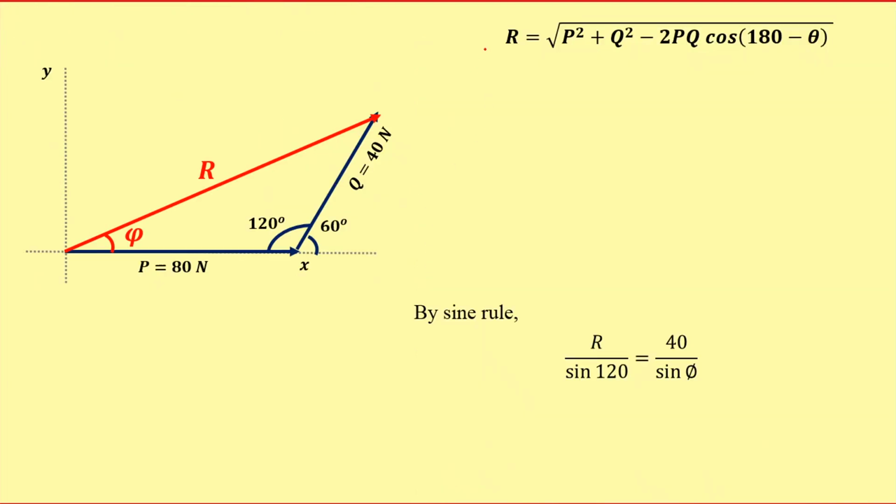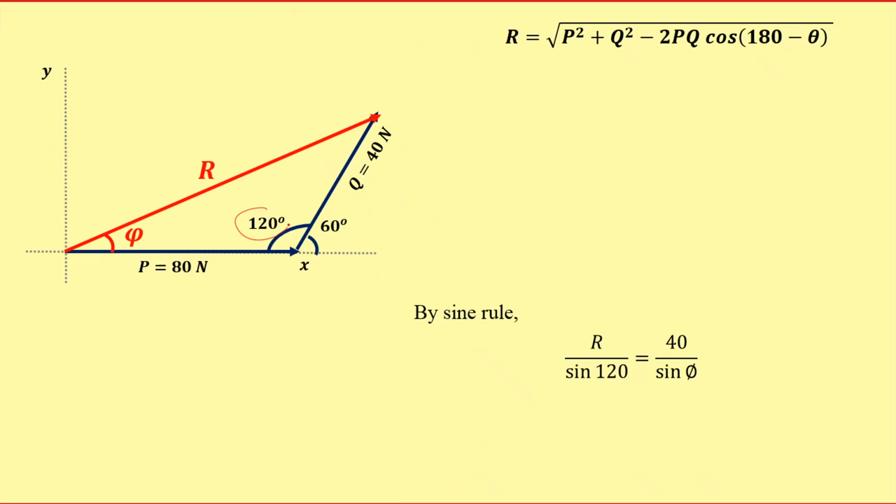We can solve this problem by the analytical method, in which the resultant R is equal to under root P square plus Q square minus 2 PQ cos of 180 minus theta. Here you can observe a nominal difference between the two analytical formulas. In the parallelogram law, we have a positive sign here, and instead of 180 minus theta, we simply have cos theta there. Here we have minus, and this angle is 180 minus theta. So what is 180 minus theta representing?